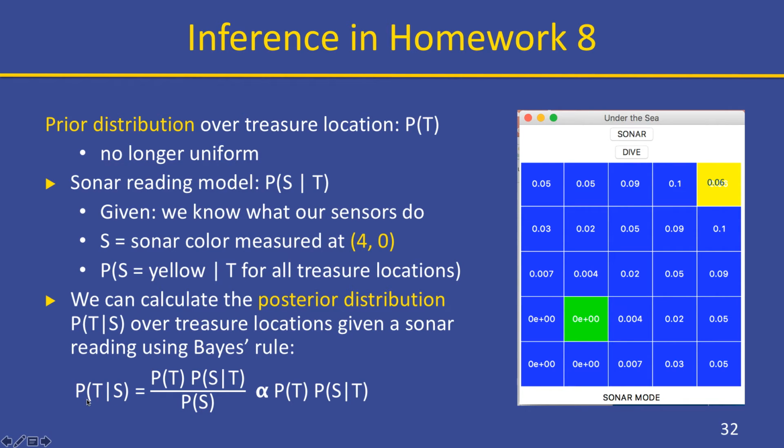Again, P of t given S is proportional to P of t times P of S given t, except that P of t here is no longer the uniform distribution. It's the distribution we had before this last reading. And we keep doing that after each reading. After each reading, we update our beliefs and generate a new distribution. This represents our beliefs at this time, given the sonar readings we have so far.